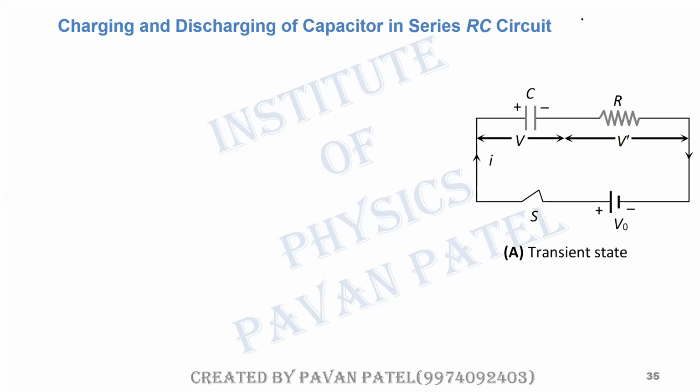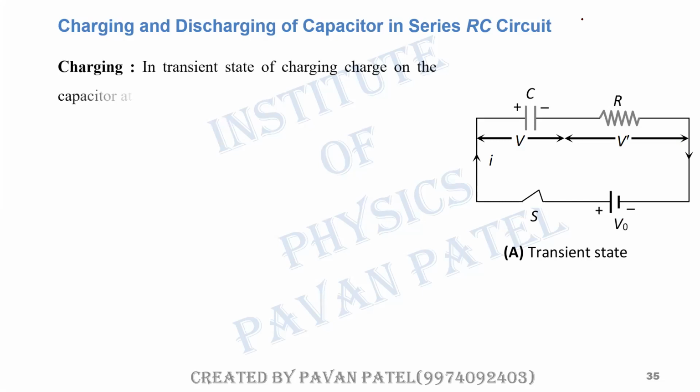Next, charging and discharging of a capacitor in a series RC circuit. In the transient state of charging, the charge on the capacitor at any instant, at any time, is q equal to q0 (1 minus e raised to minus t upon RC), which we have just proven.